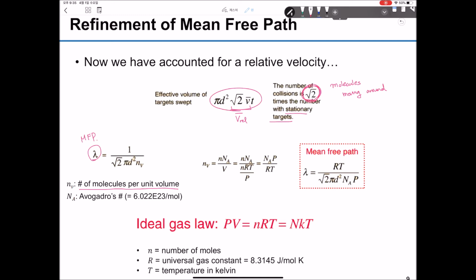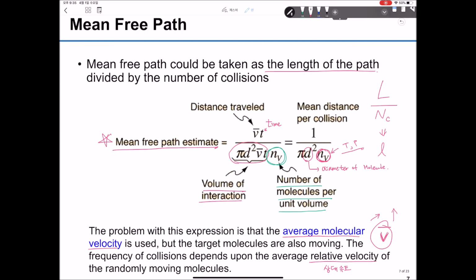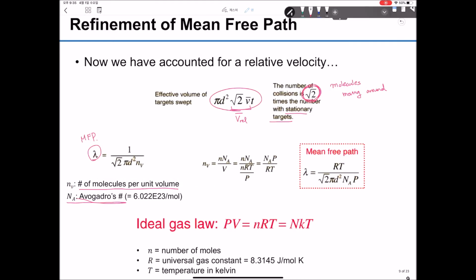And if you do this in a more fancy way, this number of molecules per unit volume is n times Avogadro's number, right? And this is the famous gas constant, or the number of moles, right? And then you apply this ideal gas law that you have learned in thermodynamics, right? PV equals nRT, and n is number of moles.